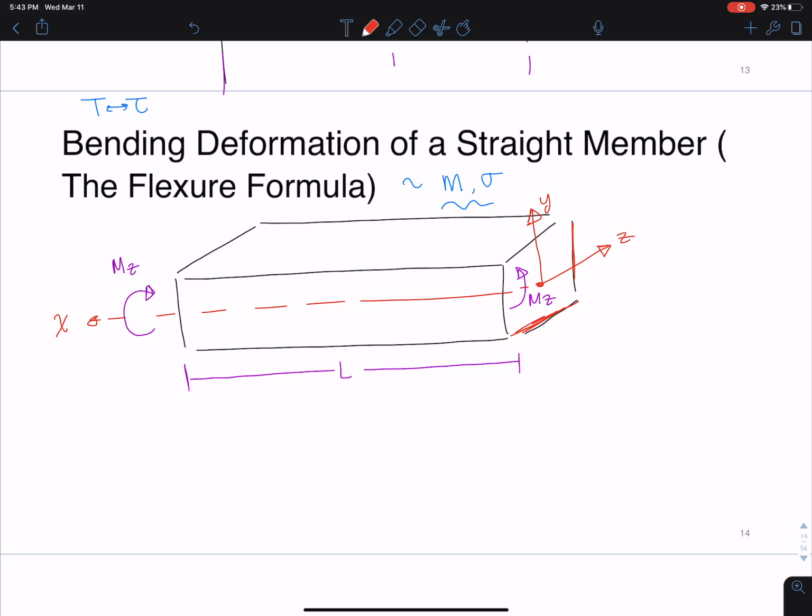That bending is bending along the z-axis. You can see how you're curling your fingers along this axis I just drew. Your thumbs will either point out or in, towards your face or away from your face. That is Mz. That is applied moment about the z-axis.